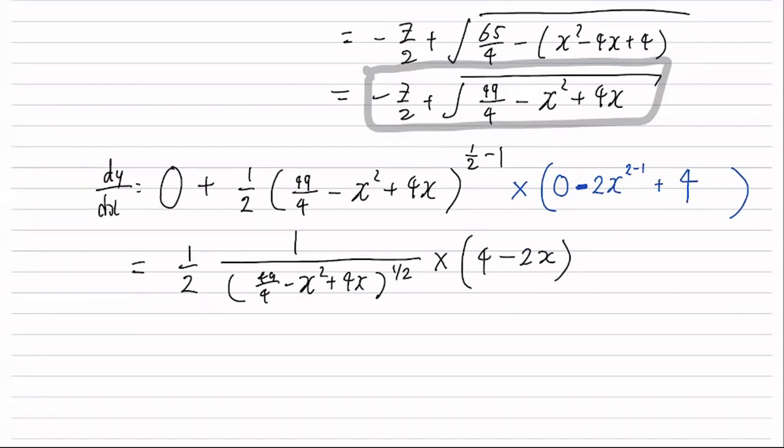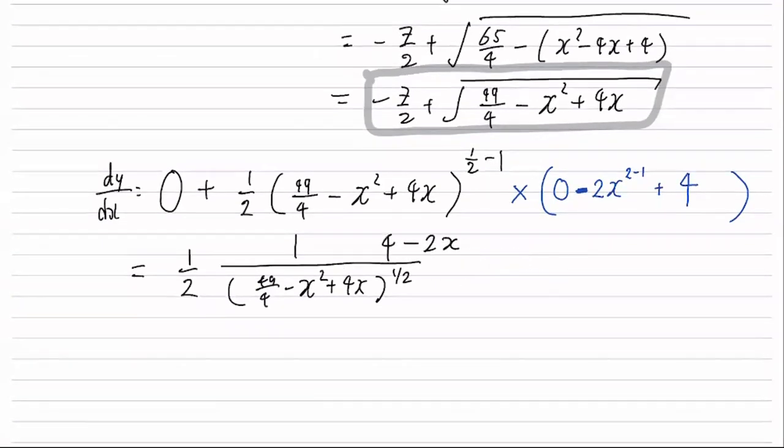Okay, good. Maybe I'll just clean up a bit more. 4 minus 2x, I'll bring it up to the numerator. So times 1, then I get 4 minus 2x like that. Actually, times half, I can also factor out a 2. So this becomes 2 times (2 minus x), which means that I can cancel off with the 2 at the bottom. So I'm left with 2 minus x divided by something to the power of half.